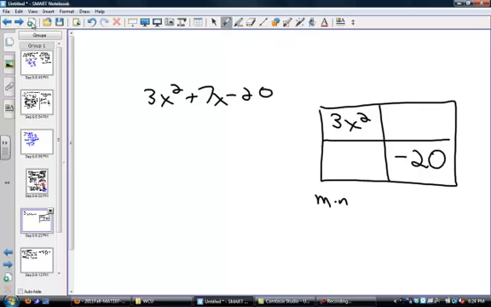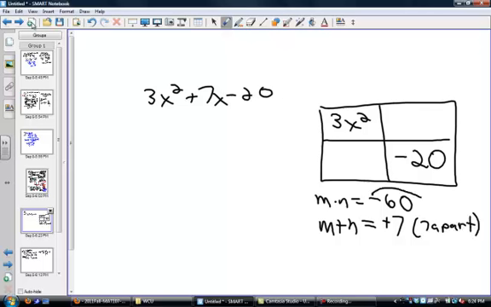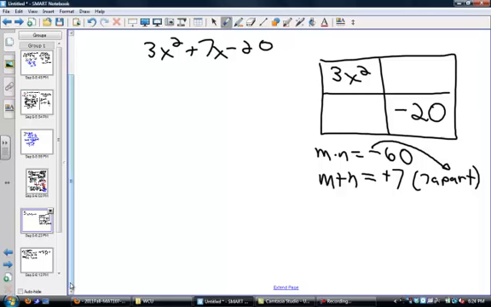So the negative 60. Now I can think about them being 7 apart from each other, because why are they apart? Why are they not adding up? Because that's a negative, so they are apart from each other. So I need multiples of 60. Not too easy to deal with 60, but try your best. They need to be 7 apart from each other.